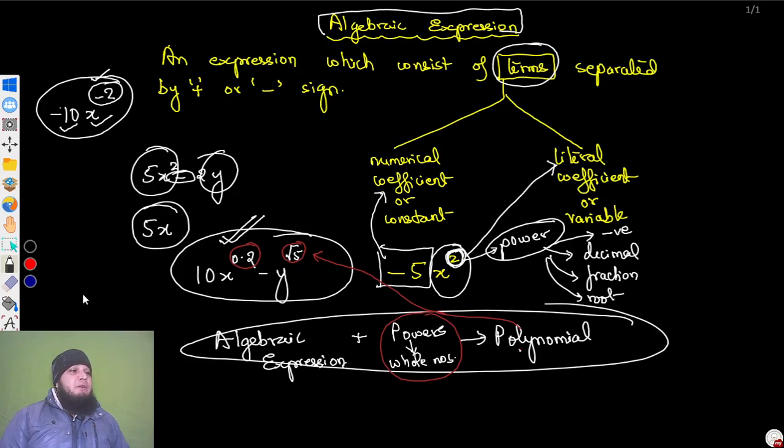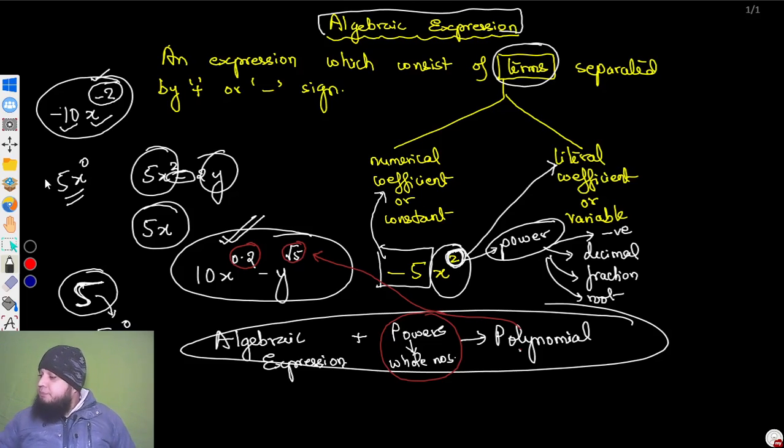Now, if I have written only 5, is this an algebraic expression? The answer will be yes, because this can be written in the form 5x to the power 0.